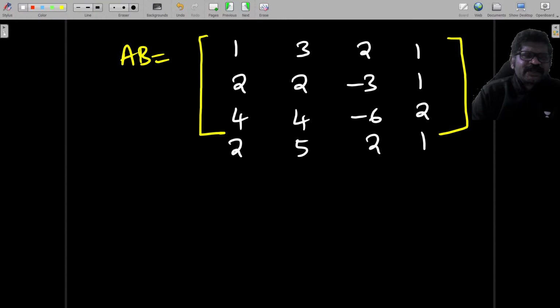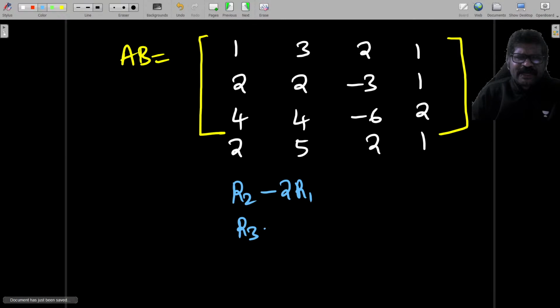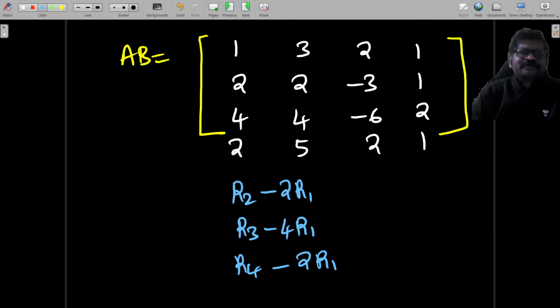Now R2 minus 2R1, R3 minus 4R1, R4 minus 2R1. By applying these three operations, we get 1 3 2 1.